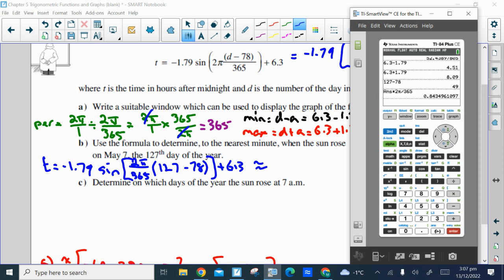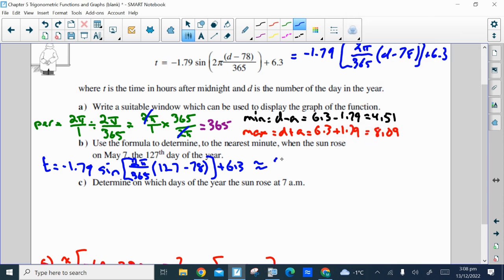So I'll go negative 1.79 times the sine of the previous answer, close the bracket, and then plus 6.3 at the end. So 4.96 hours is when the sun will rise on May 7th. 4.96 hours. So that's almost 5 a.m.